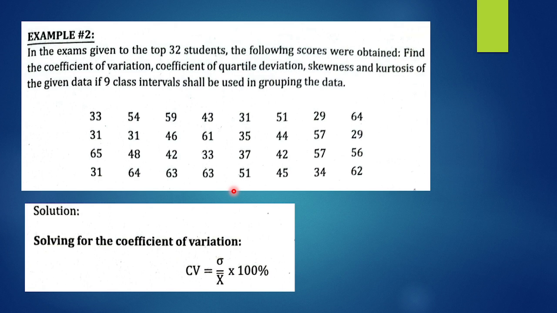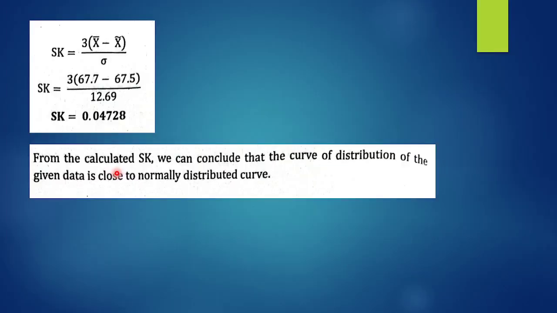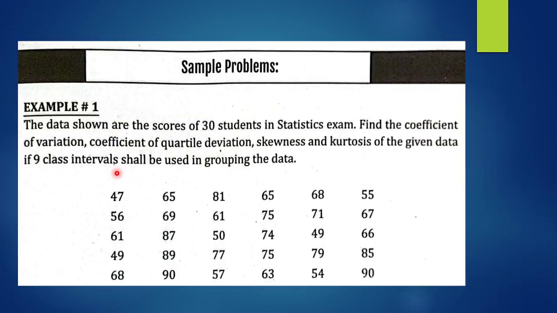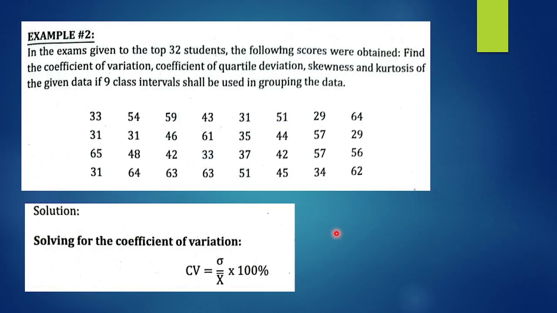So, in the exam given to the top 32, the following scores were obtained. Find the coefficient of variation, coefficient of quartile deviation, skewness, and kurtosis of the given data if 9 class intervals shall be used in grouping the data. So how many students is this? 32. Let us check this. 5, 10, 15, 20, 25, 30. Correct. Let us count: 2, 4, 6, 8, 16, 16 times 2, 30.